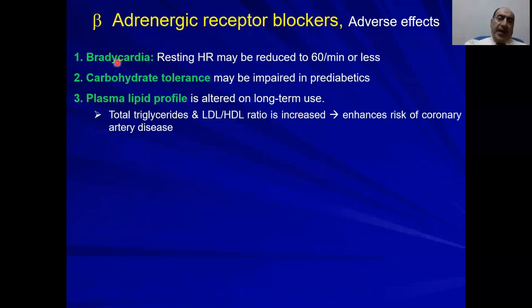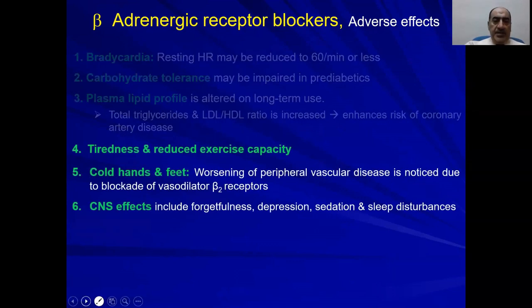Adverse effects: bradycardia. Remember, the normal sympathetic response is increased heart rate, the opposite of bradycardia. Resting heart rate may even go down to about 60 beats per minute. Carbohydrate tolerance may be impaired, as we mentioned. For the lipid profile, total triglycerides and the LDL/HDL ratio are increased, which will enhance the risk of coronary artery disease.